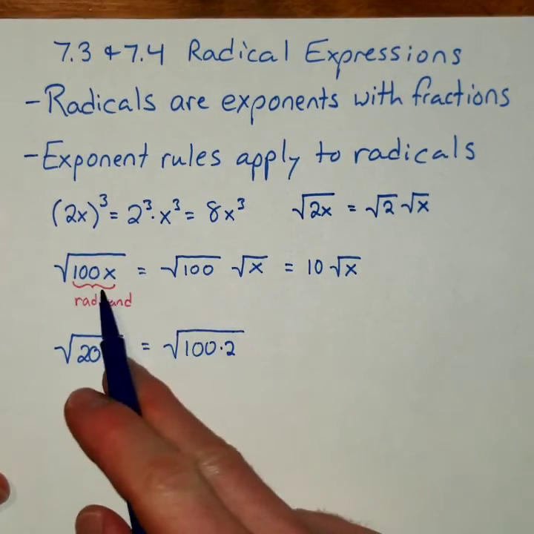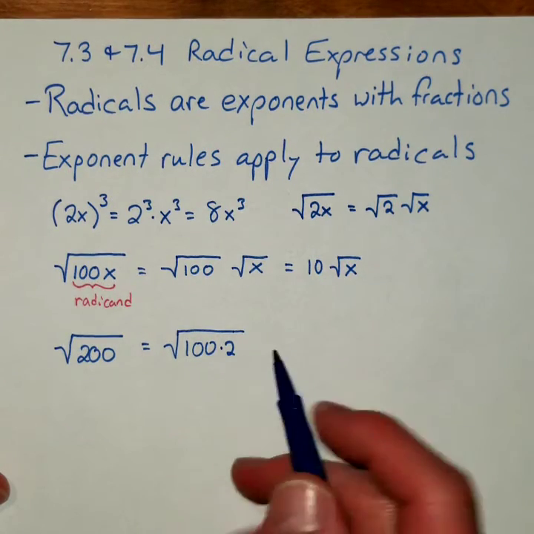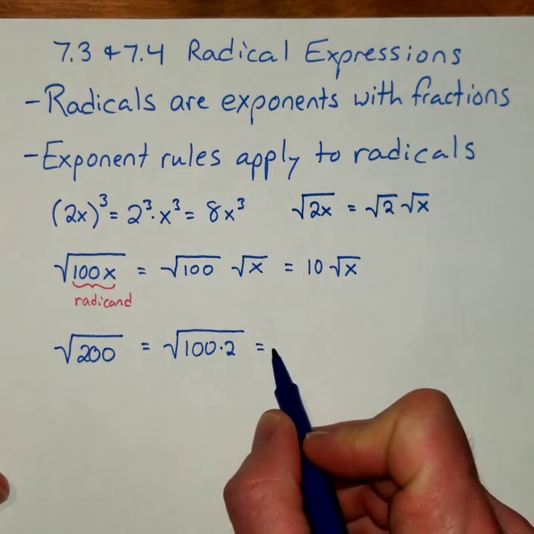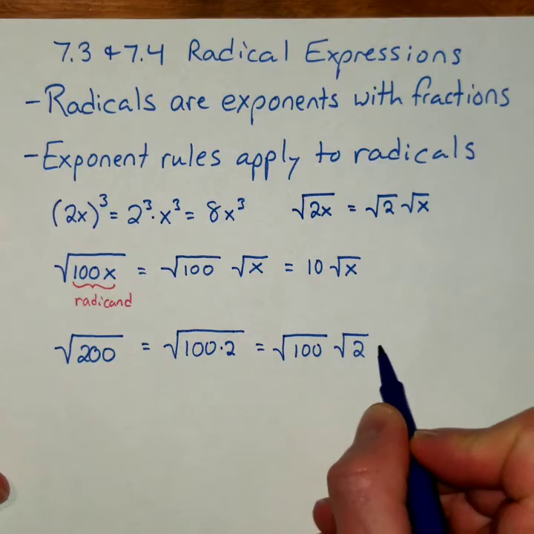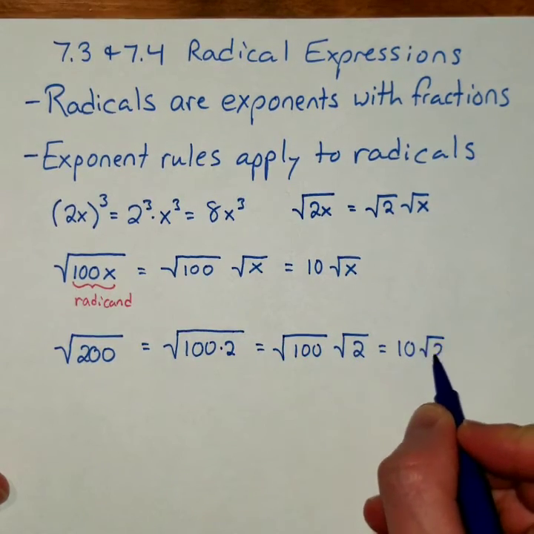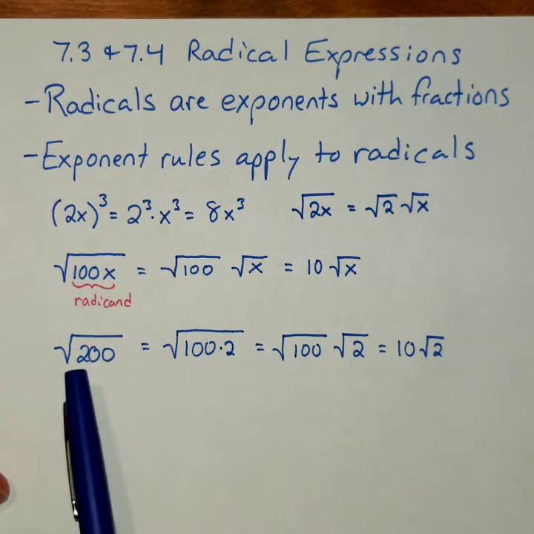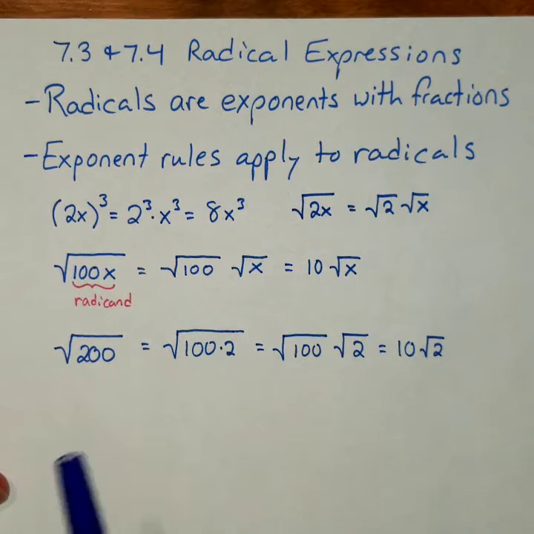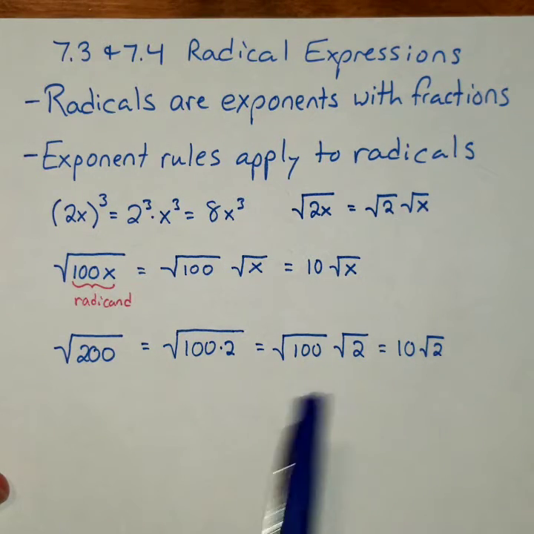So it's in a similar format, just written with a number. If I take the square root of 100 and the square root of 2 separately, I'm going to end up with 10 times the square root of 2. Now these two values are the same. The square root of 200 and 10 times the square root of 2 are exactly the same value, but one obviously looks simpler than the other, because the root is smaller. Obviously the numbers in general are smaller.